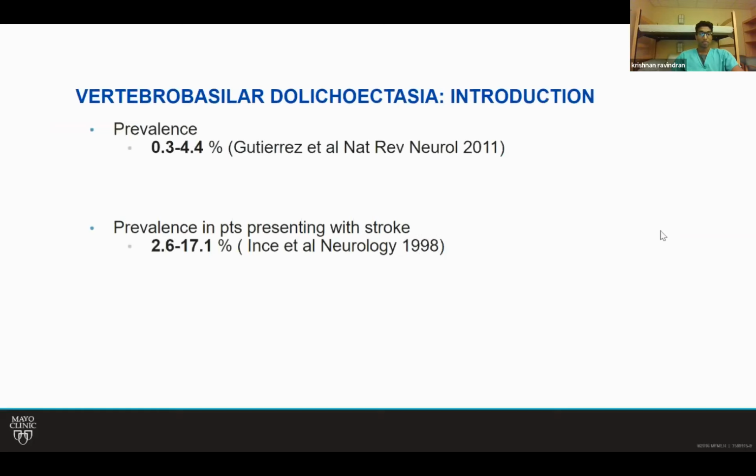The prevalence of VBD in patients presenting with an ischemic infarct can be as high as 17% in a series of studies from the late 90s, and recent literature suggests that this might be slightly lower, probably on the order of single-digit percentages. So it's sometimes portrayed as a very rare esoteric condition, but these prevalence values would suggest that it isn't.